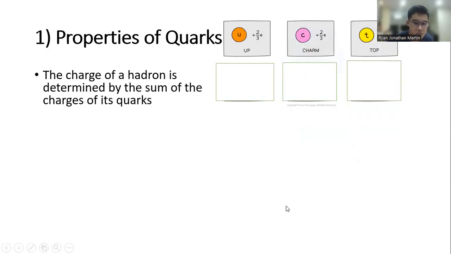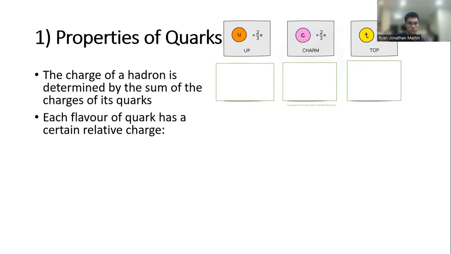Properties of quark. Charge of hadron is determined by the sum of the charges of the quarks. So if you have a hadron like a proton, you see the quarks inside there, and then you add up to get the charge. Each flavor of quark has a certain relative charge. Each flavor has its own charge.